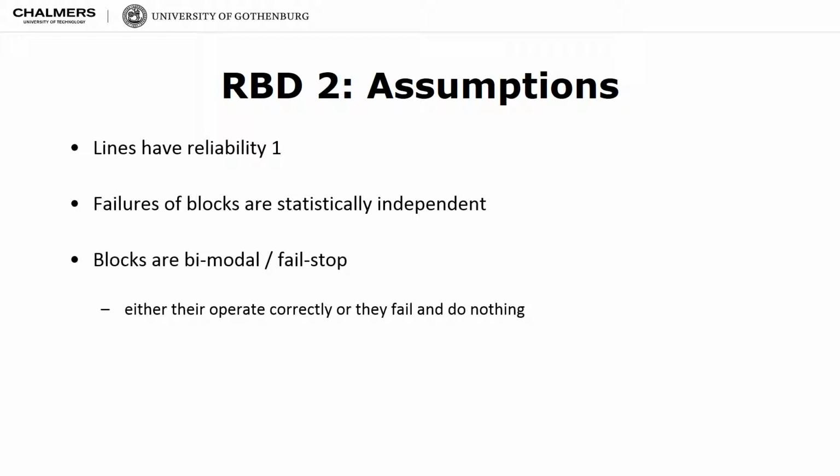Blocks are bimodal, they either operate or they fail completely. So a degradation of service or introduction of noise is not allowed. Moreover, all successful paths are shown in the diagram. Given these assumptions, it's possible to calculate the reliability of a system expressed in terms of a reliability block diagram.